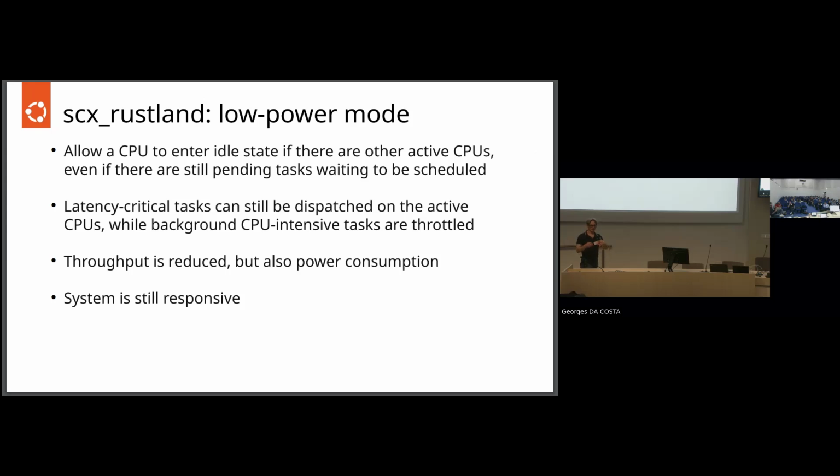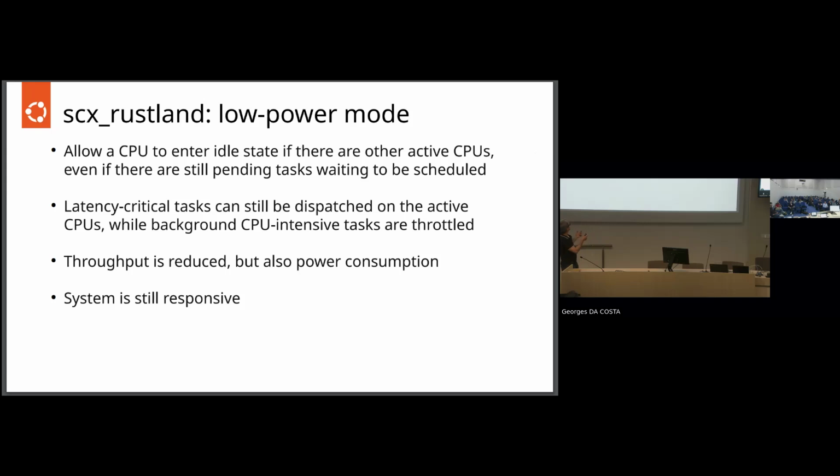Even simply looking at top, I was seeing that even if I was overcommitting the system, the CPUs were not used at full capacity. The consequence was that I was using less power. The throughput was bad, but the latency was still good enough for my typical usage. So I was like, oh wait, let me reuse this bug as a feature.